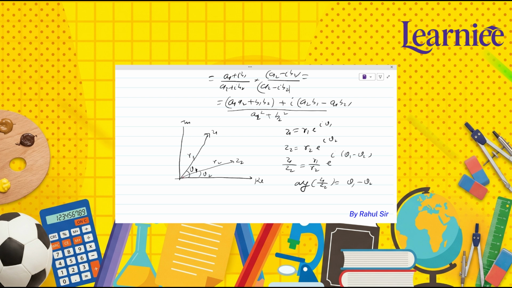So from theta 1 I will subtract. So this whole is theta 1 and this is theta 2. So what about this one? This is nothing but theta 1 minus theta 2. So this Z1 upon Z2 will lie somewhere between Z1 and Z2. So this is Z1 upon Z2 and obviously its modulus is R1 upon R2.